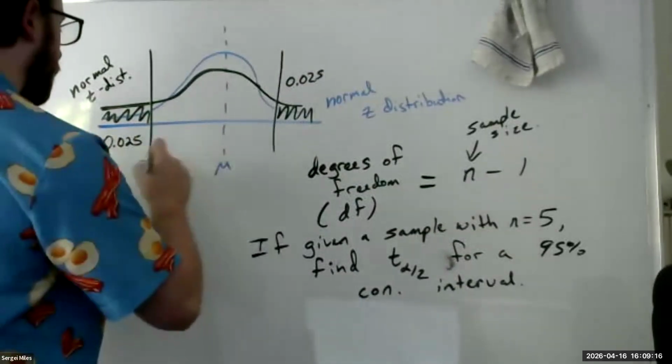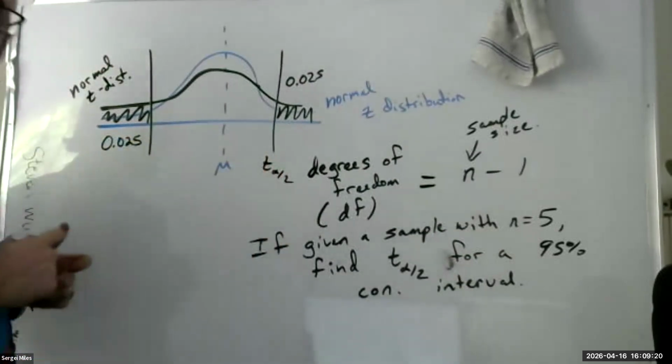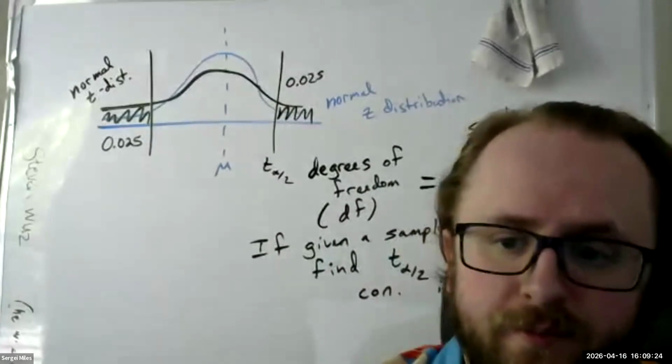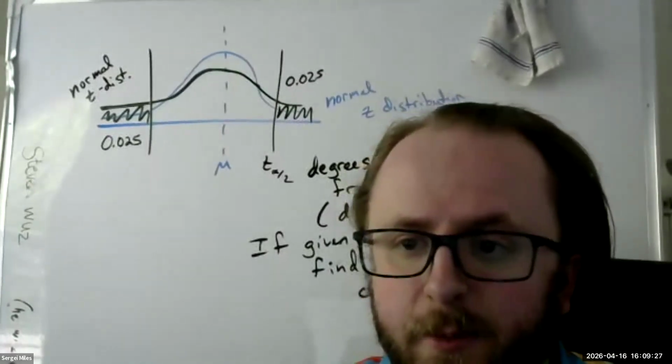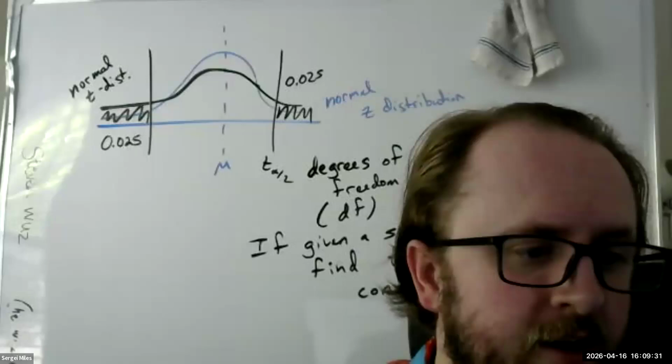All right, so I'm trying to figure out what t value this is. How far to the left or right do we need to go? For that, we have a t table. Just like we had a z table, but now we're looking at a t table. And so we'll go to the textbook here.